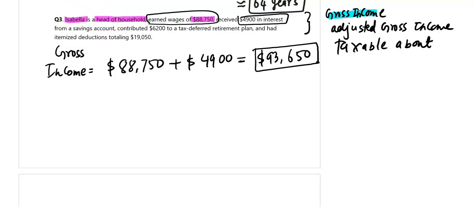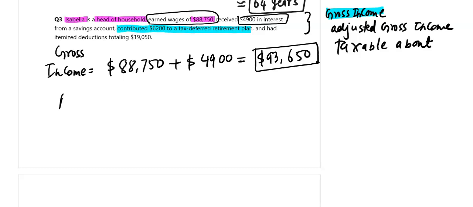So we found the gross income. That's our total income. To find the adjusted gross income, you subtract adjustment here. The adjustment is tax deferred amount. Here she contributed 6,200 to a tax deferred retirement plan. So this is not taxable. So you subtract that from the gross income to find adjusted gross income. You always subtract the tax deferred amount here.